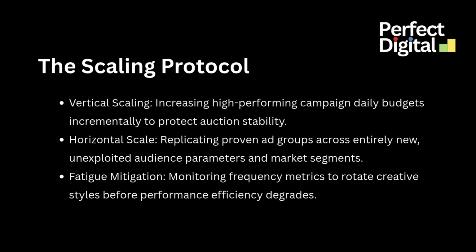We protect our campaign efficiency using a dual track scaling system. First is vertical scaling. Increase the daily budget of your winning campaigns by small increments every 2 to 3 days. This controlled pace keeps the campaign stable, preventing it from re-entering an unoptimized learning state.